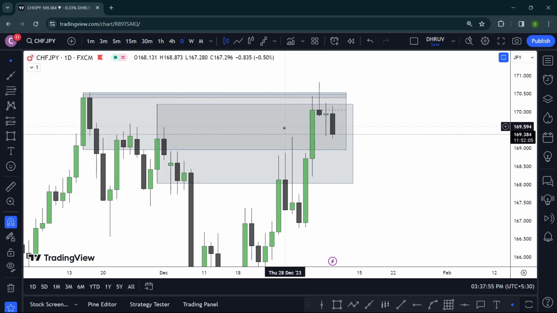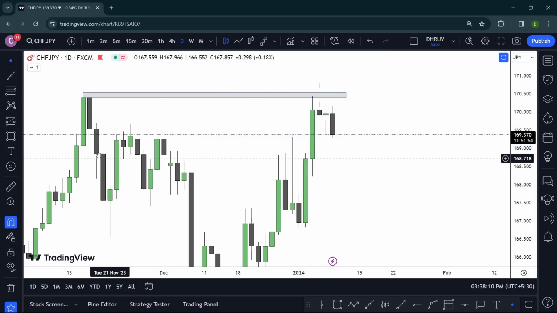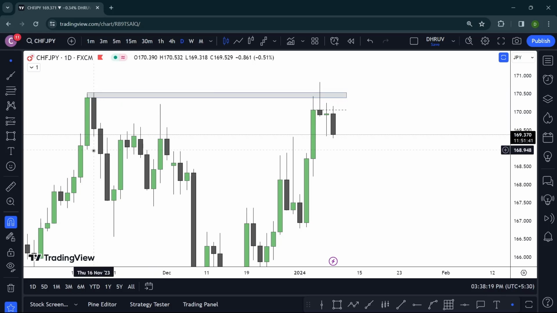Even though this zone has been tested many times, we will still mark this zone because the thing we work with is CMP. On SNR, I've seen people talking about fresh and unfresh levels, but it's not the case for engulfing. So we have a daily engulfing sell to work with, right?